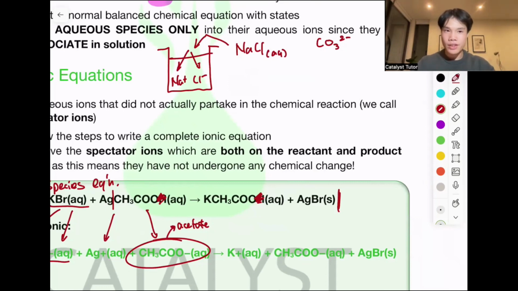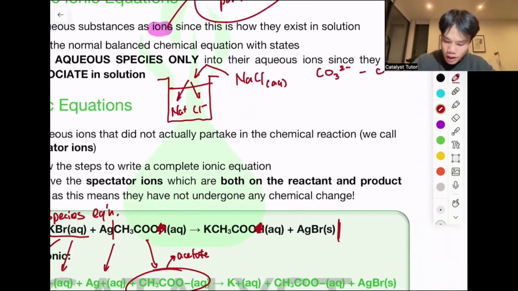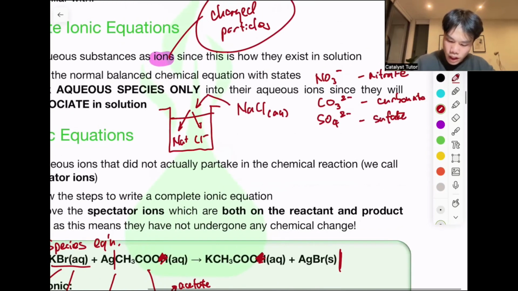So the core ones that you really just need to know are carbonate, CO3 2-, sulfate, SO4 2-. I'll put nitrate above with its 1-. And on top of nitrate, I'll also put CH3COO-. This is what we call acetate or ethanoate. Both are correct.